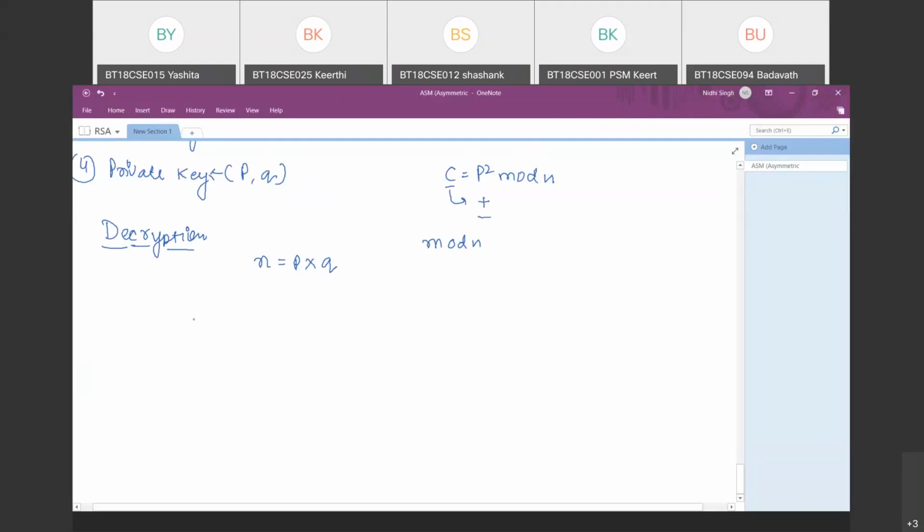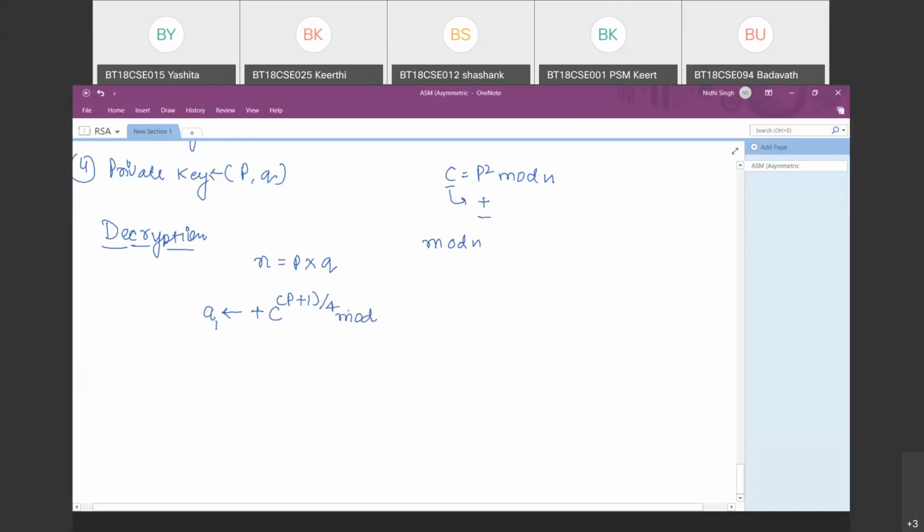In that case, 4 types of decryption equations can be illustrated. The first one is A1. A1 says plus value of ciphertext to the power P plus 1 divided by 4 mod P.